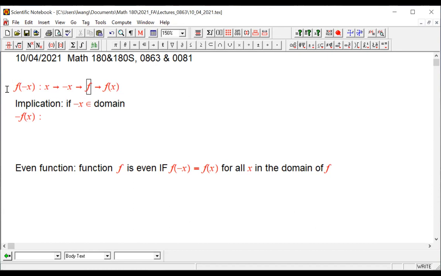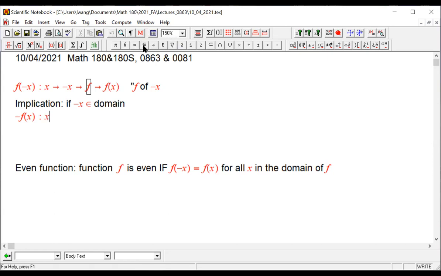So how do you read it? You read it as f of negative x. Got it? Now, what is negative of f of x? This is how it's processed.